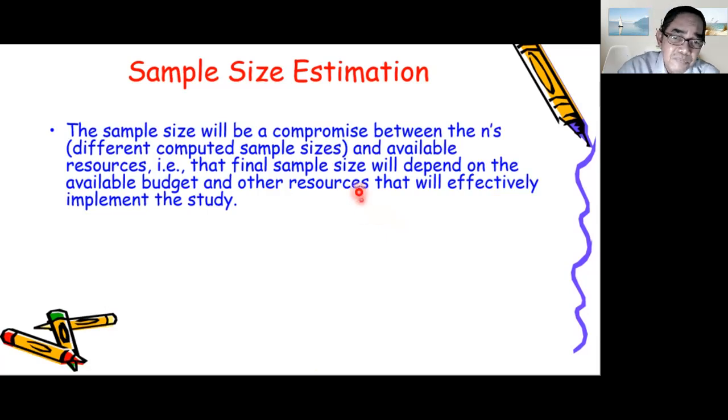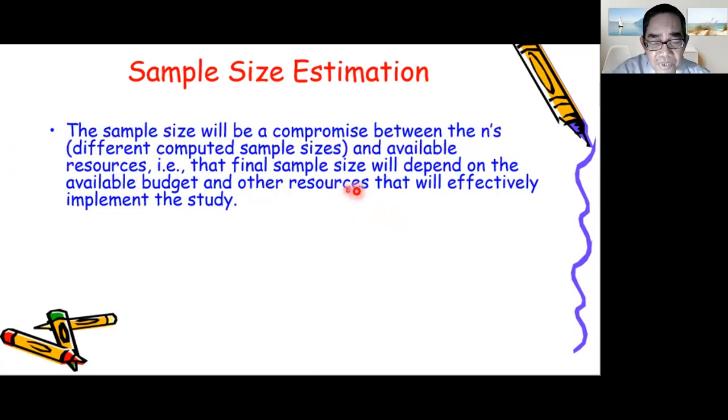And sample size will be a compromise of the different computed sample sizes and available resources. I just told you a while ago that the sample size can be manipulated. I mean, you can make it large, you can make it smaller, depending on the available resources.